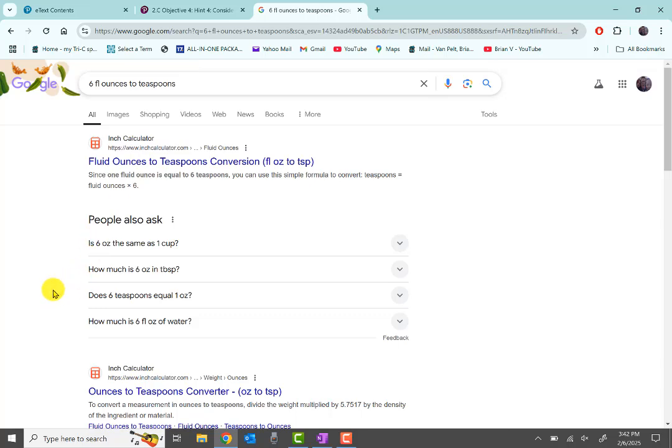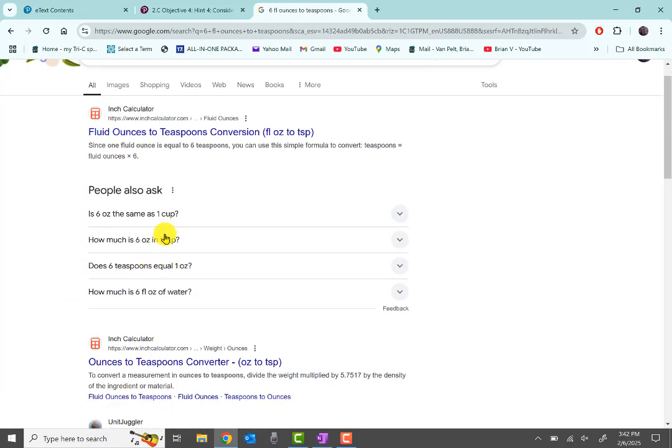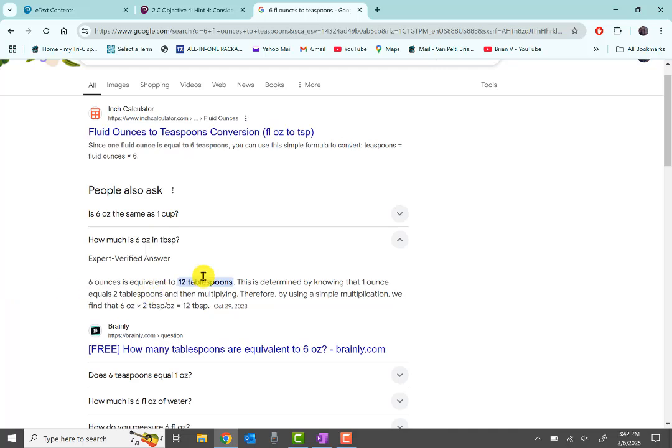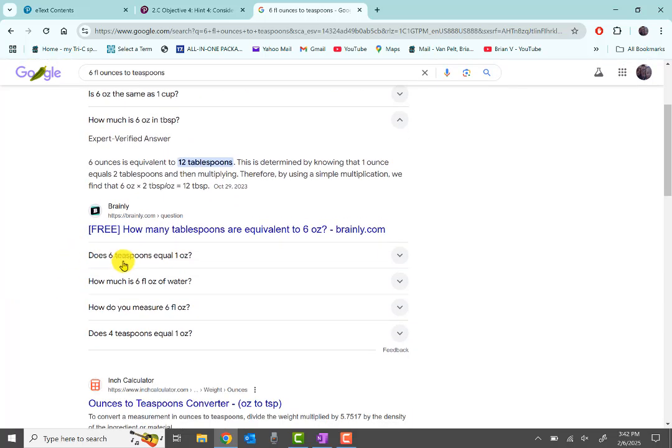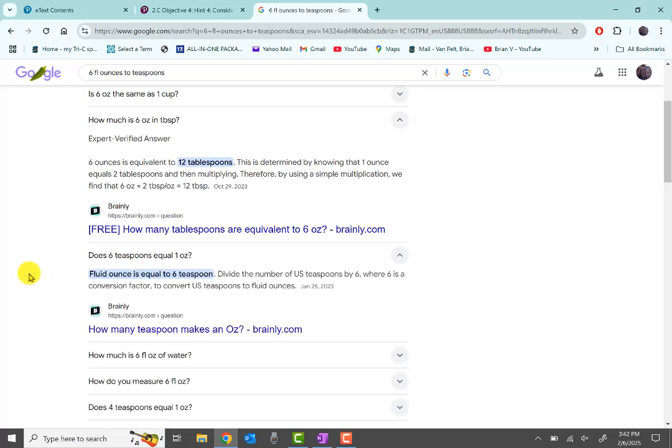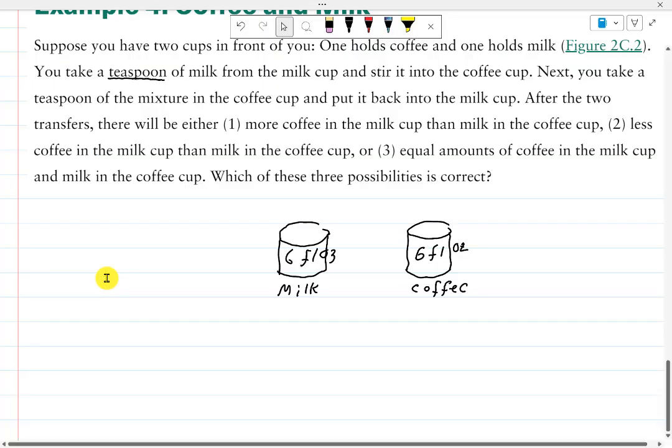Oh, nothing came. Oh, here we are. How much is 6 teaspoons? Tablespoons doesn't help me. What am I going to do? Oh, here we are. Okay, we have 1 fluid ounce is equal to 6 teaspoons. So let me go back to my thing. 1 fluid ounce is equal to 6 teaspoons.